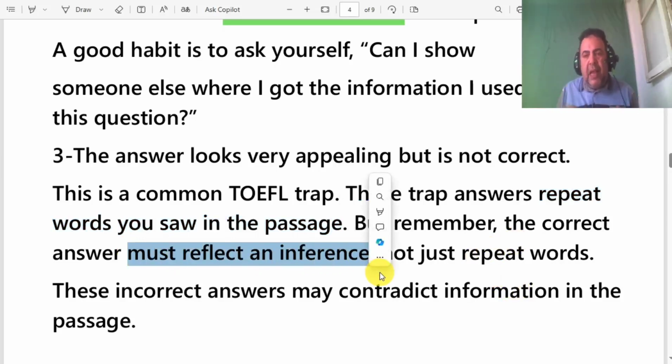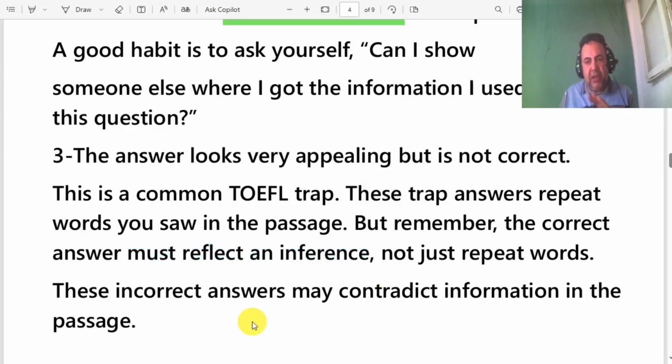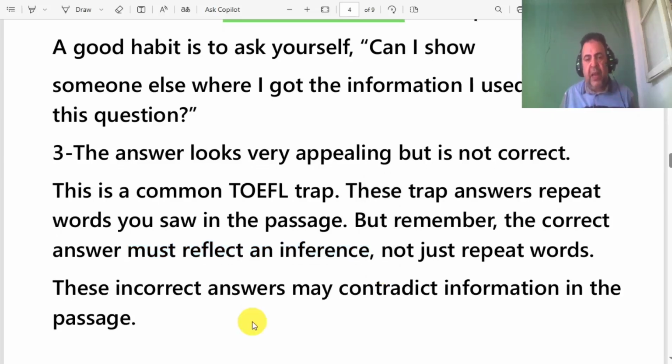So we can sum up that if you find a sentence with certain words that are mentioned exactly in the passage, it is not the right answer. It is an incorrect answer. So don't choose the sentence that contains the same words as the passage. Make sure that this answer is not correct.